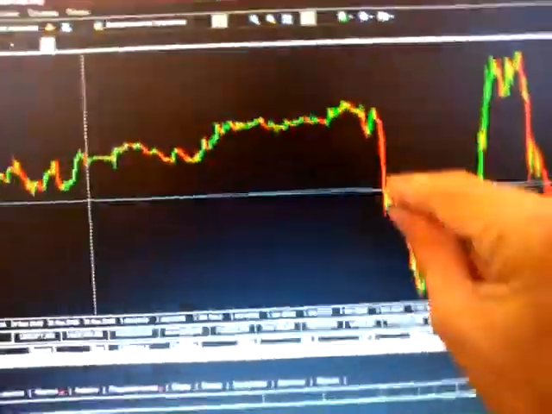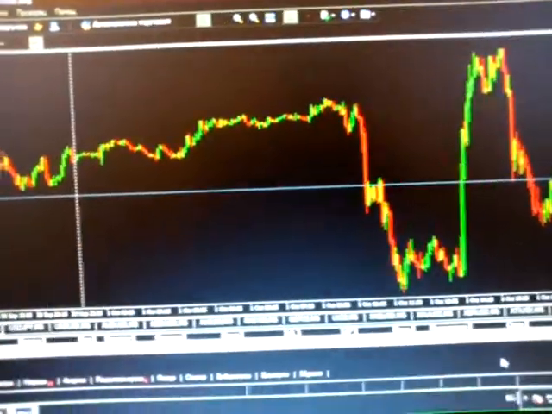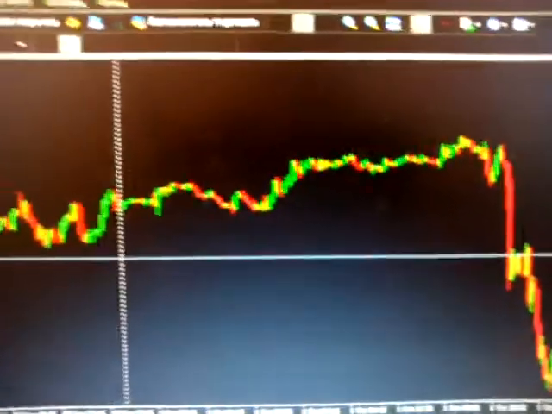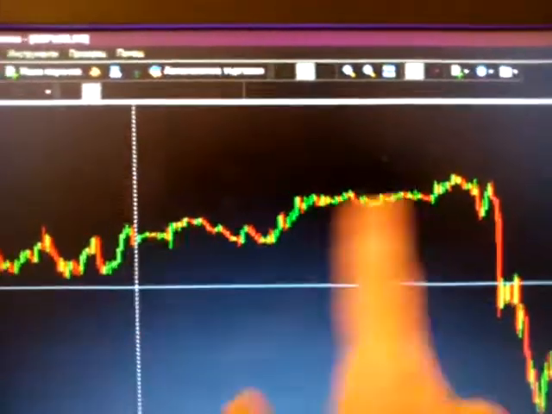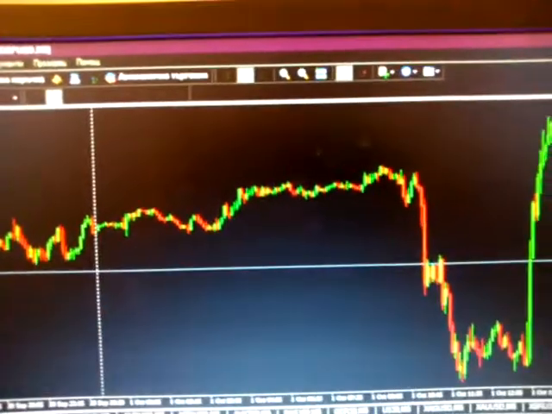And the spreads are tighter, compared to hours when nothing moves. So sometimes the British pound will move during the Asian session, which is here, in my time zone.